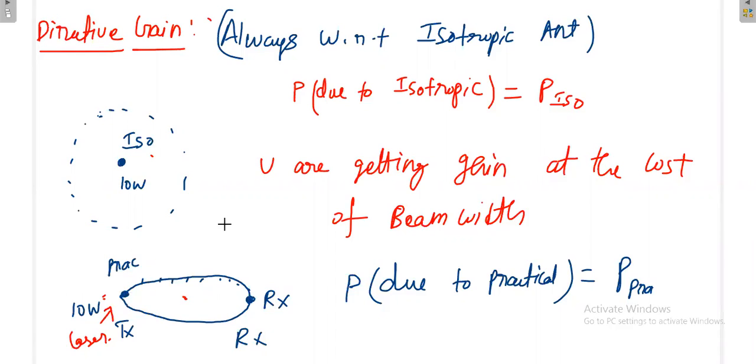Okay, so what is directive gain? It's very simply how effectively the practical antenna concentrates the power towards the receiver. That is the gain of the antenna. What is the real definition of the gain of the antenna?